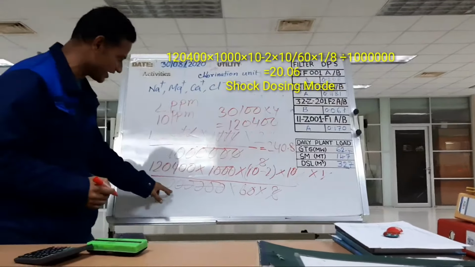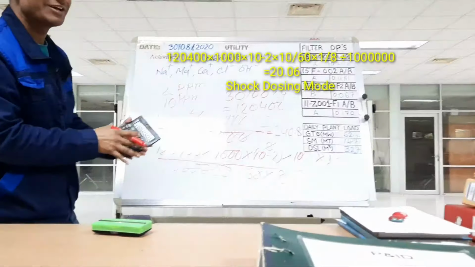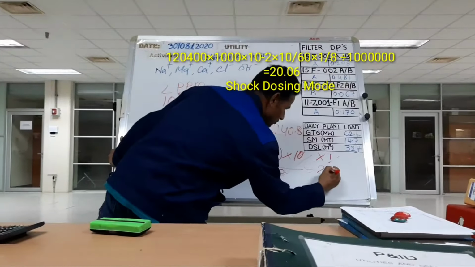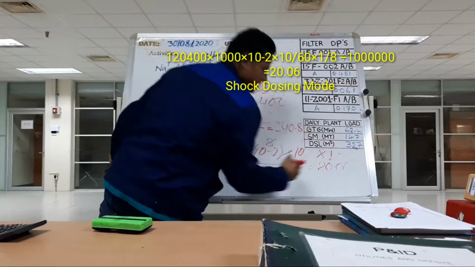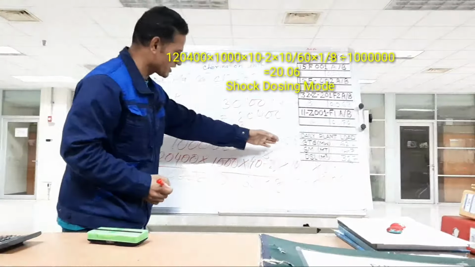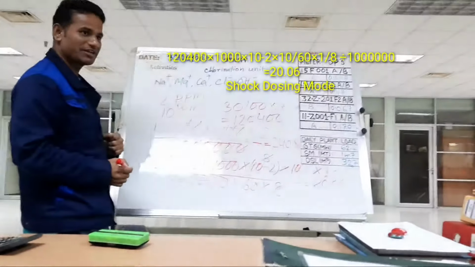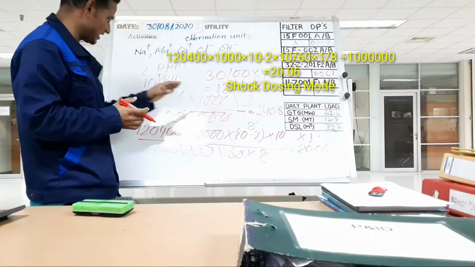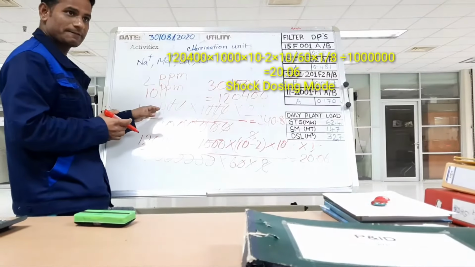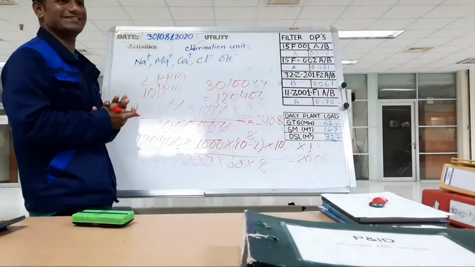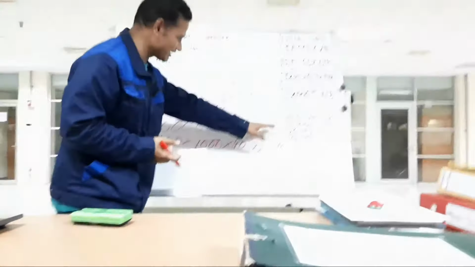And top side, how much coming? 20.06. In continuous mode we are getting 240.8 at 100% load with this flow of 1,20,400, and in shock dosing mode we are getting 20.06, so total 260.8.